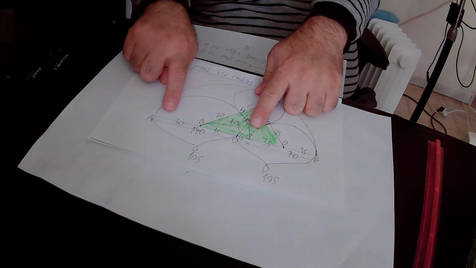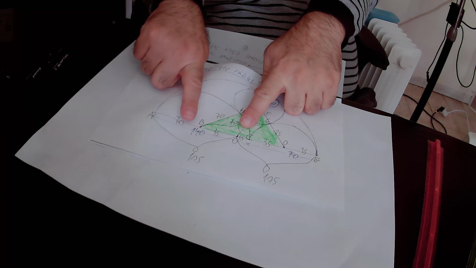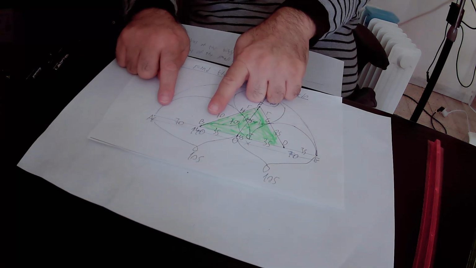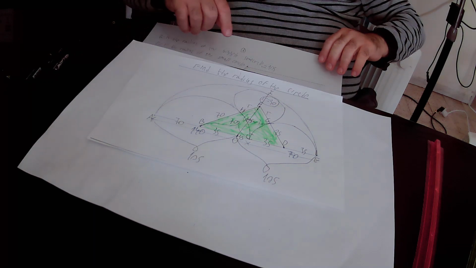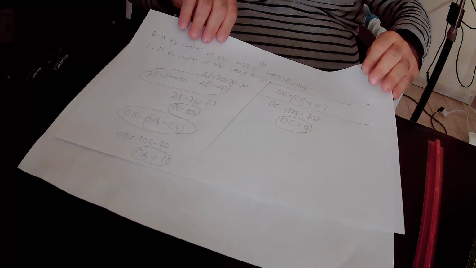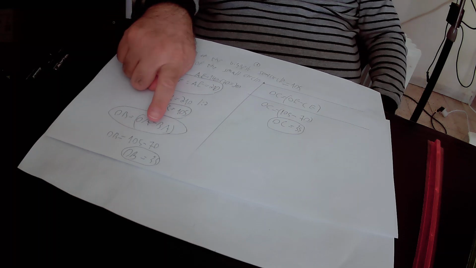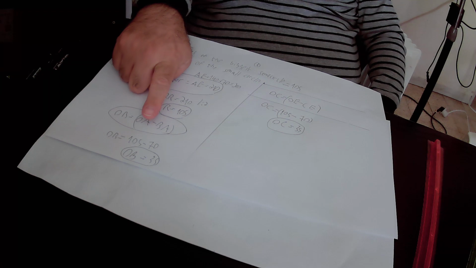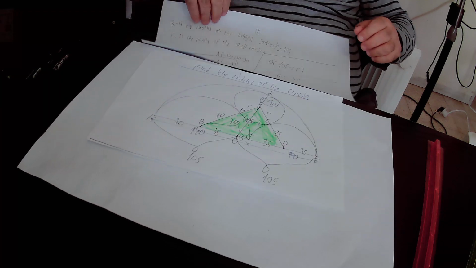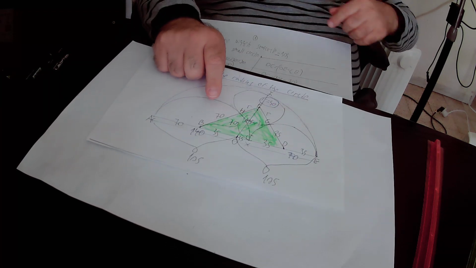OA is the radius of the biggest semicircle, which is 105 units, and BA is the radius of this semicircle, which is 70 units. So in conclusion, OB is 105 minus 70. 105 minus 70 is 35 units. So OB equals 35 units in length.